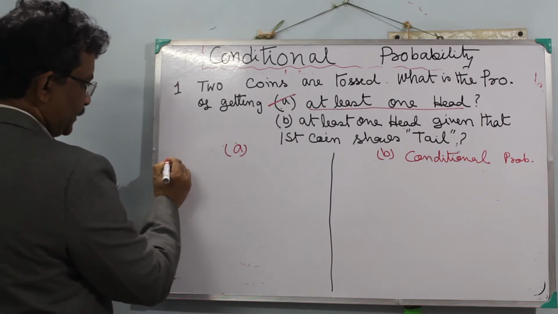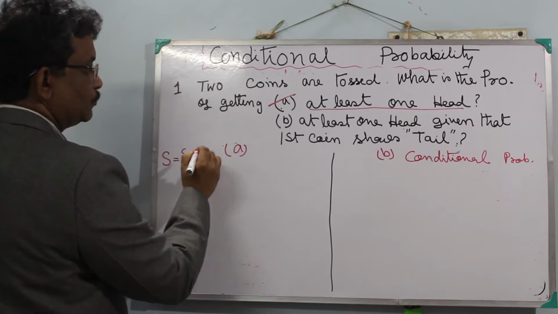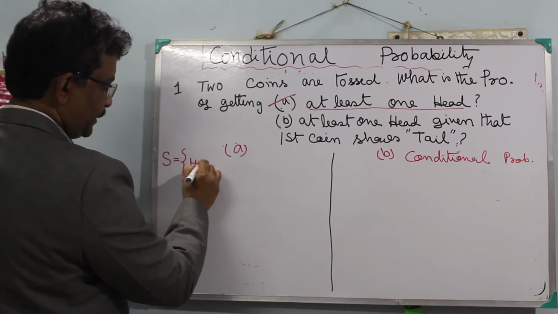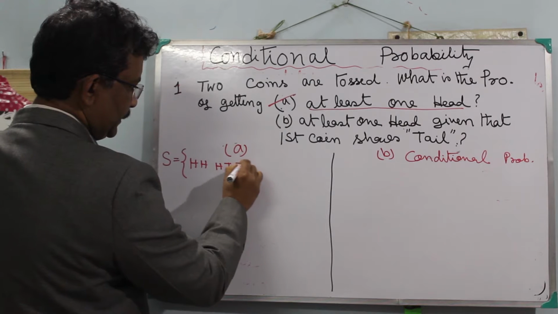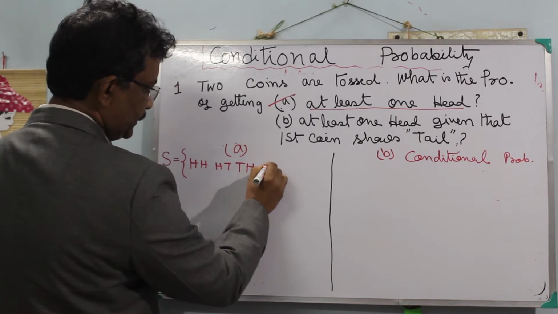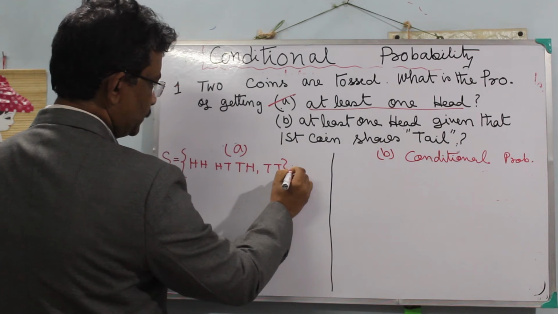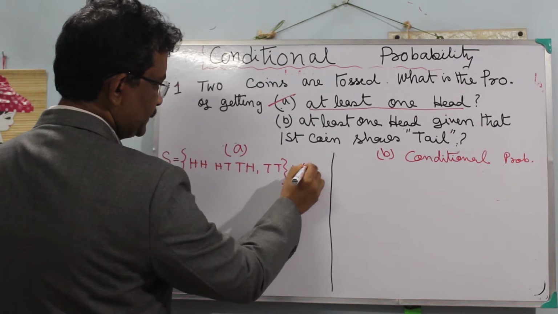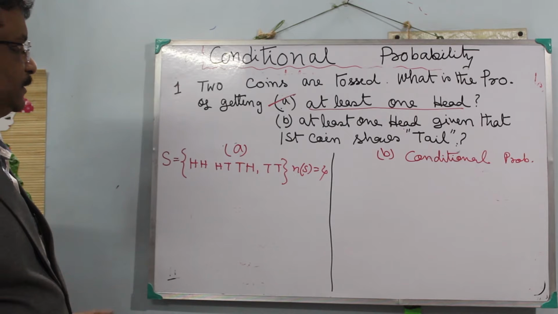This is the sample space: head head, head tail, tail head and tail tail. So the total number n(S) is equal to 4.